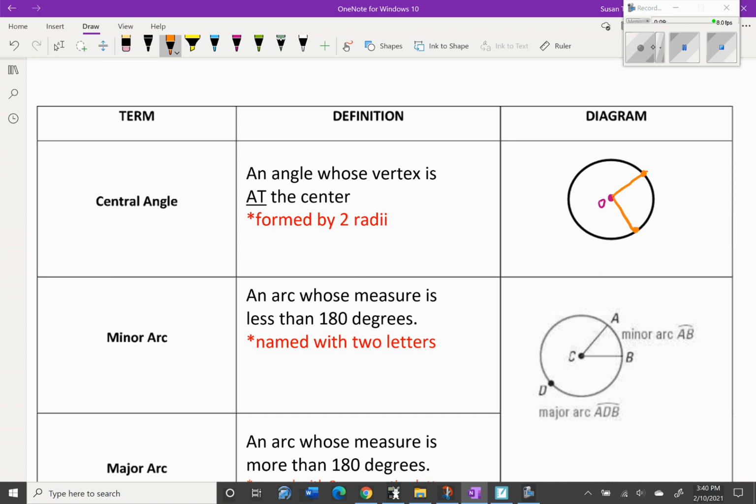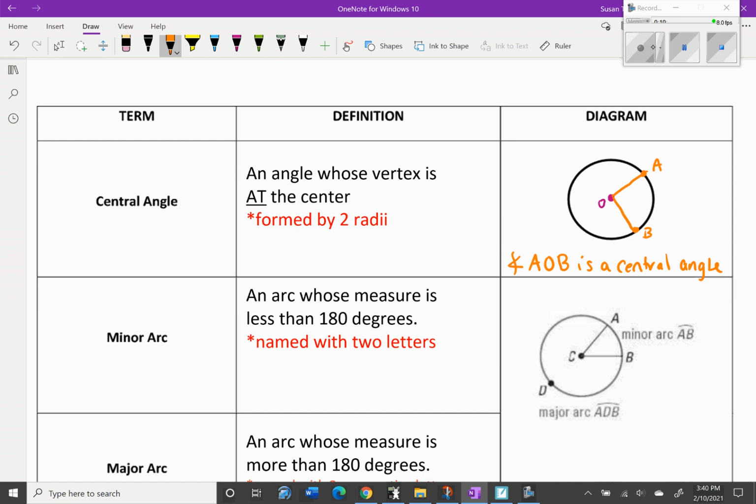So we'll call this AB. So we would say that angle AOB is a central angle, because notice that the vertex is at the center.